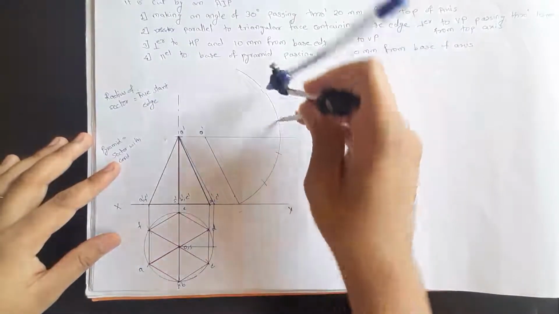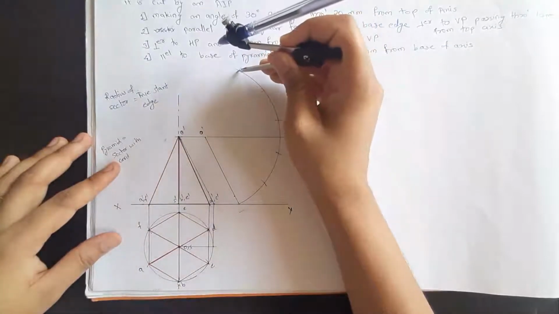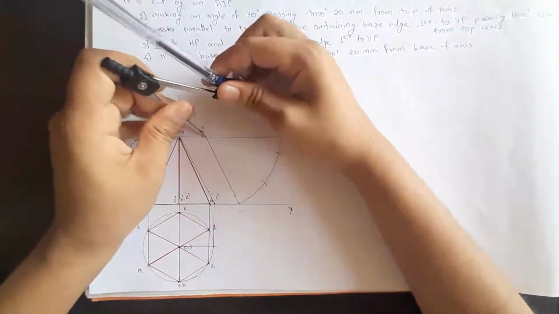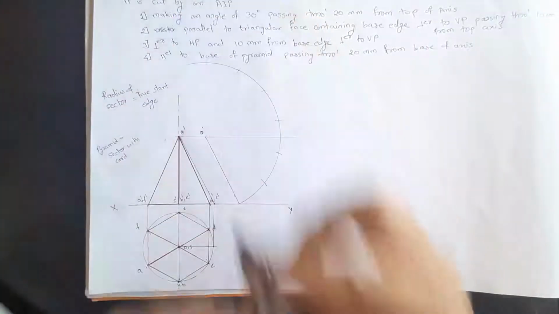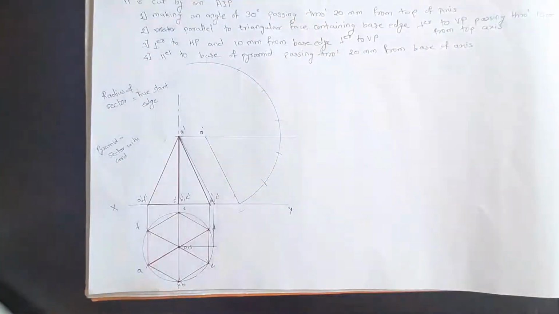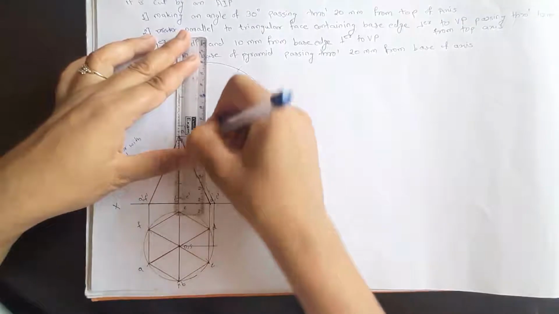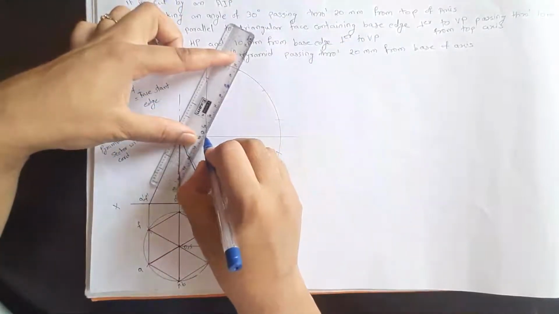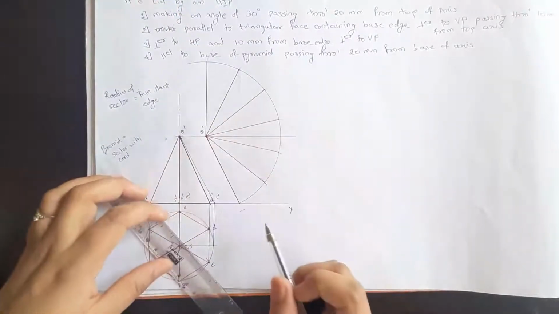3, 4, 5, 6. So let me complete it. Once you have marked the consecutive arcs, join them with the O dash. Join all the consecutive arcs with the O dash, with these slant edges.